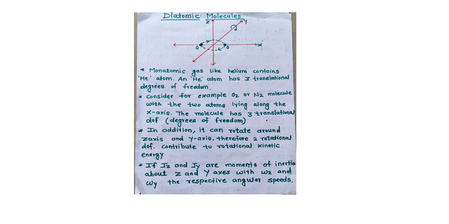In addition, it can rotate around the z-axis and y-axis. Therefore, 2 rotational degrees of freedom contribute to rotational kinetic energy. If Iz and Iy are moments of inertia about the z and y-axis with omega z and omega y the respective angular speeds.